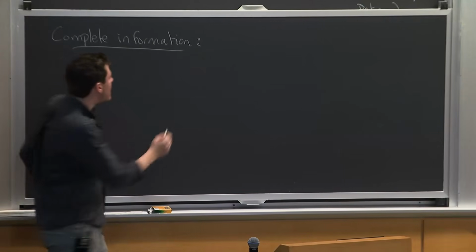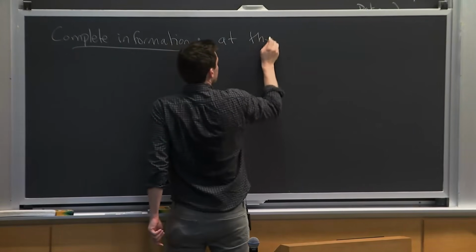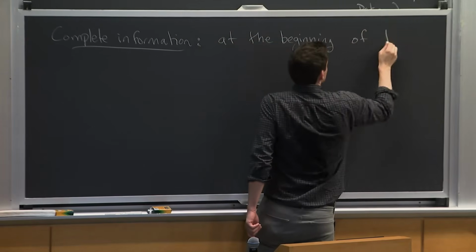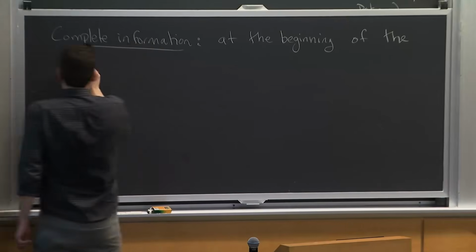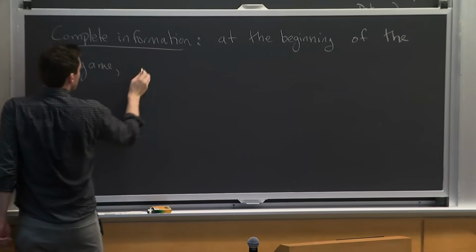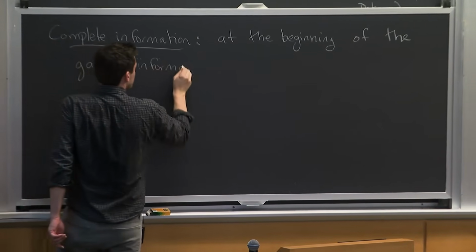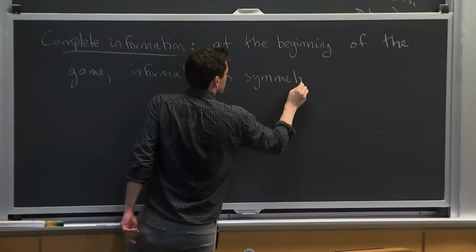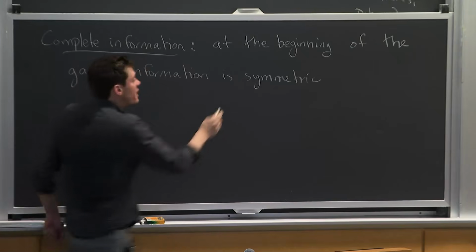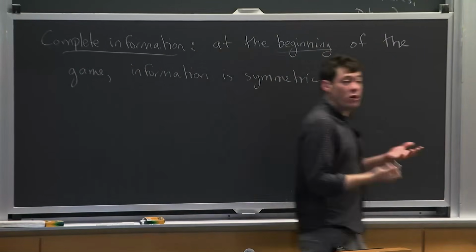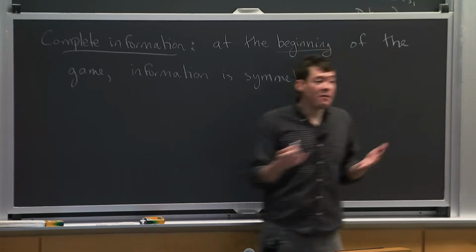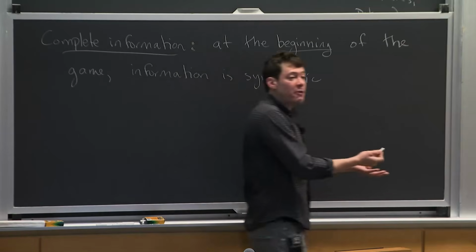But what I like to think of is, at the beginning of the game, information is symmetric. So the beginning of the game is crucial here, right? Once we start playing poker, we're going to be dealt hands, and one player won't know what cards the other player has been dealt. But when we sit down at the poker table, whatever one player knows, everyone else knows.